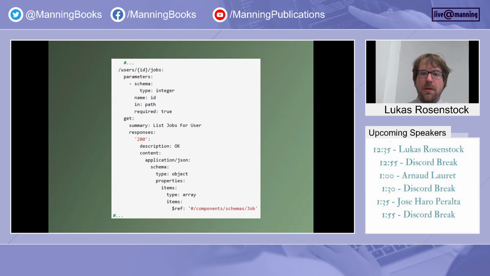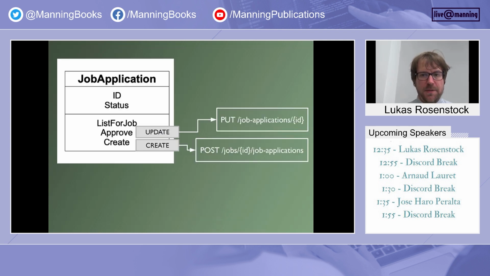And this is the action list jobs for users. And as you can see here, we have a response body where we have a schema, and that schema has an items array, and inside that items array, again, we reference the same job schema, so we can reuse our schemas everywhere in the API, and the API remains consistent.